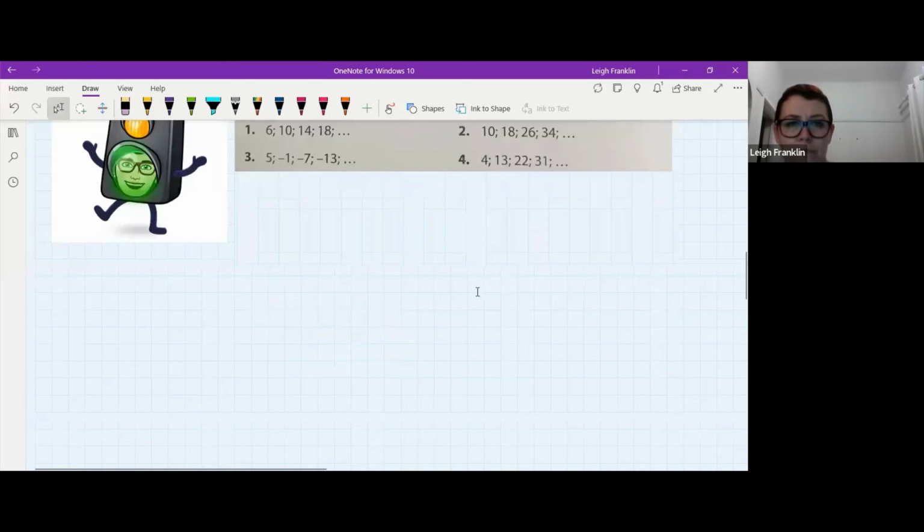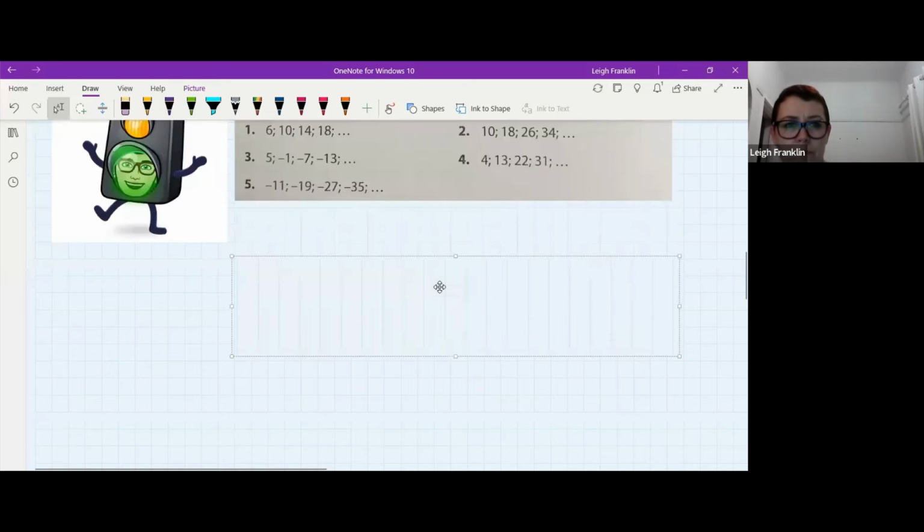Okay. All right, so now we're going to have a look at number 5. Okay, so you guys are going to work out what the nth term is. And then once you've got the nth term, then you can put your hand up.